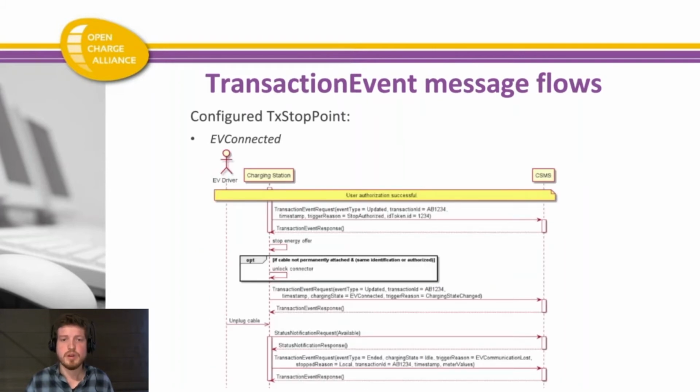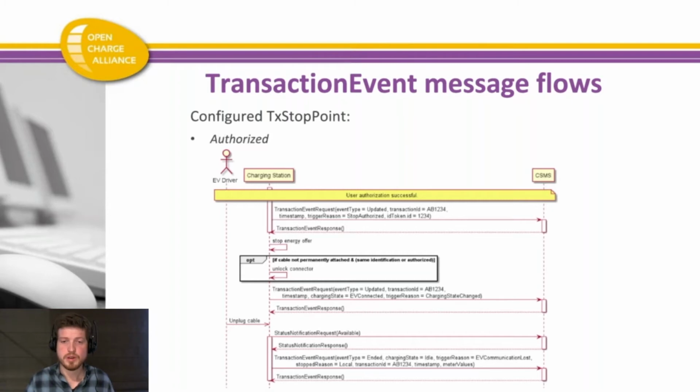Now I want to have a look at the TxStopPoint. So here also EVConnected is set as a value. So this means the transaction is stopped after the cable has been unplugged. So here you also have several transaction events. The last one is the transaction event with event type Ended.